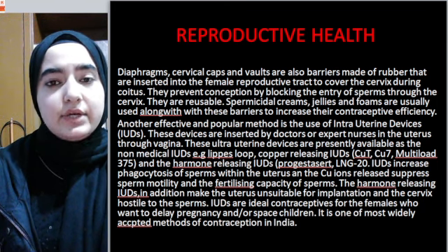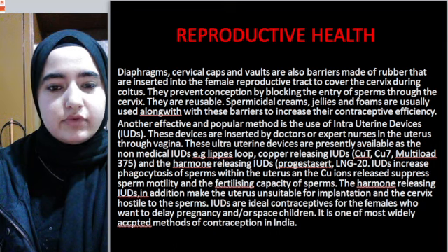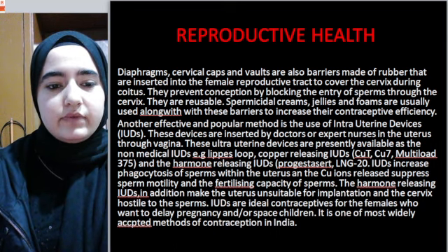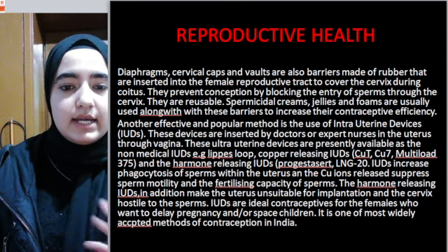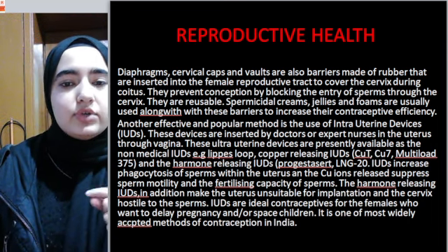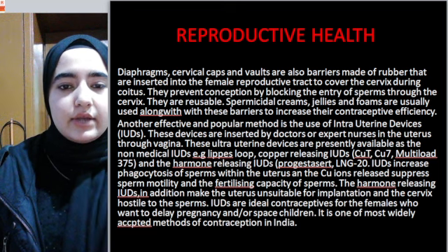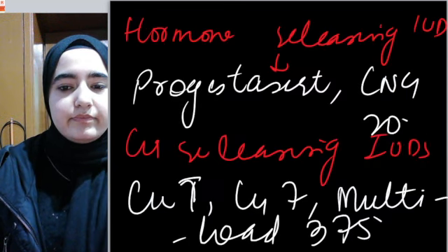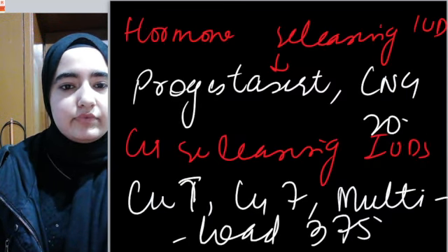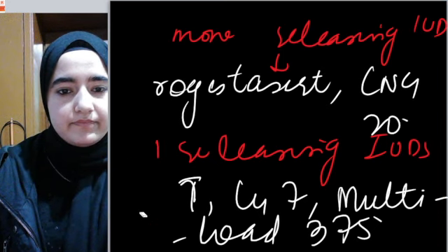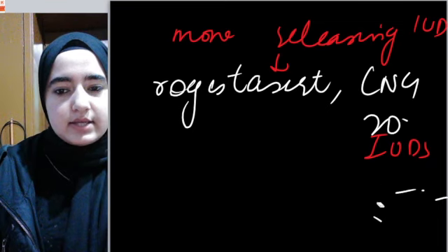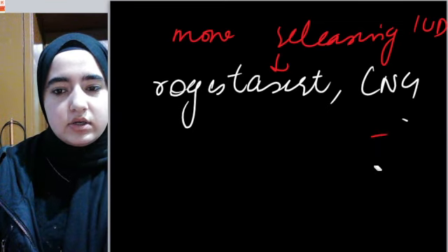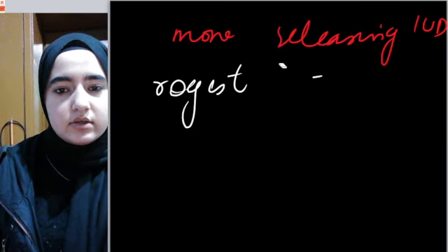Okay, IUDs are ideal contraceptives for females. If someone asks you which of the following female contraceptives is ideal, and the option is IUD, you should mark IUD. IUD is the ideal contraceptive for females. I'll write it down. This may come as an MCQ or a one marker question.